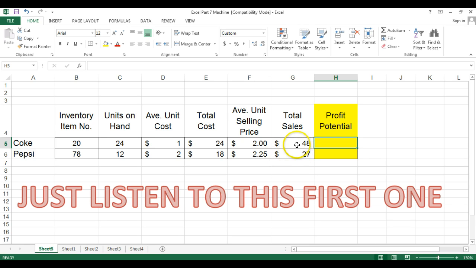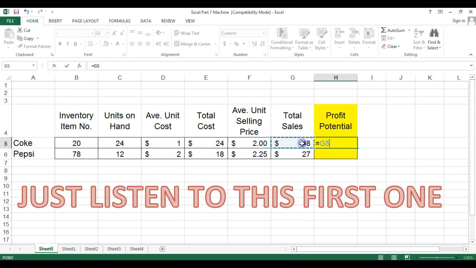And the reason why it's not what we made as far as our profit is because we have to subtract out the cost. Because we actually put some money into this to just buy the bottles to begin with. So what we need to do is, in cell H5, we need to begin with our equal sign.